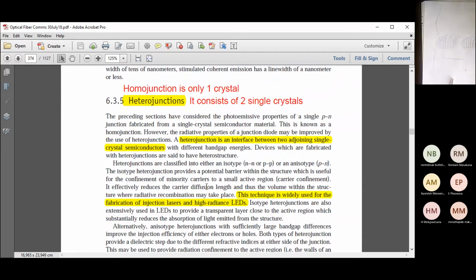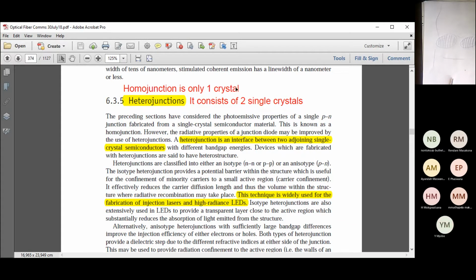People, we get a heterojunction and we get a homojunction. There are 2 types of junctions in the silicon. It's when you've got a P in silicon, alright? So a homojunction is when they use only one crystal, but a heterojunction is when they use two separate crystals for the photo-emissive property here. Okay.